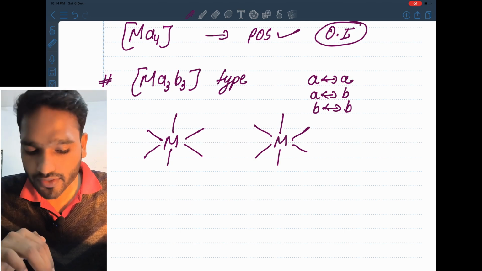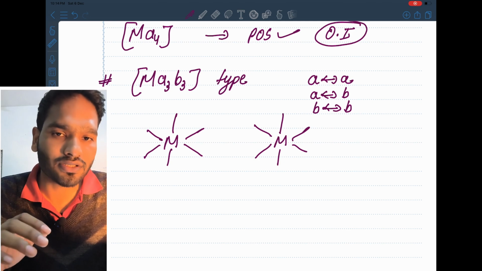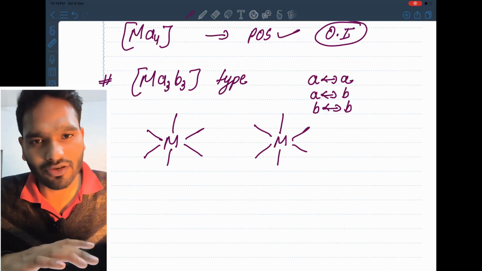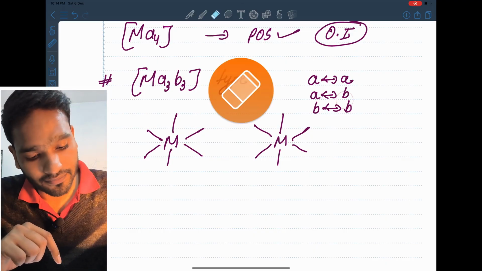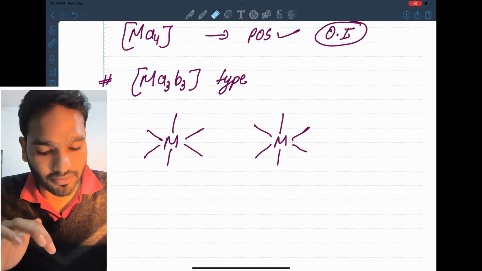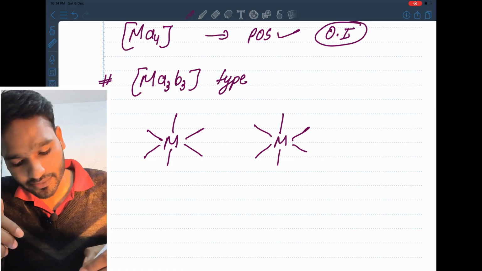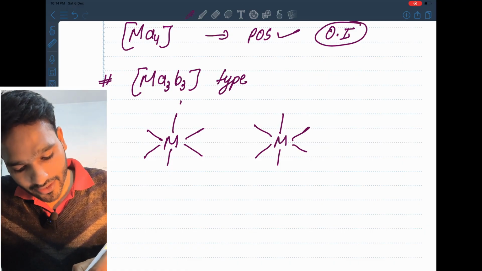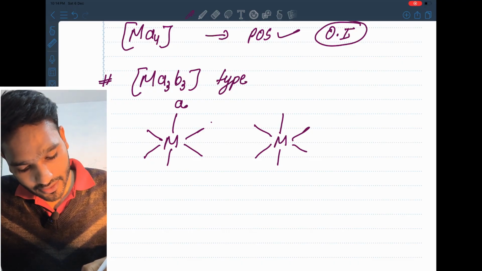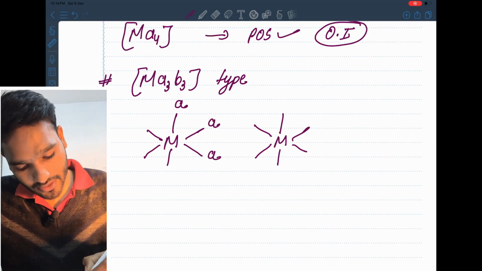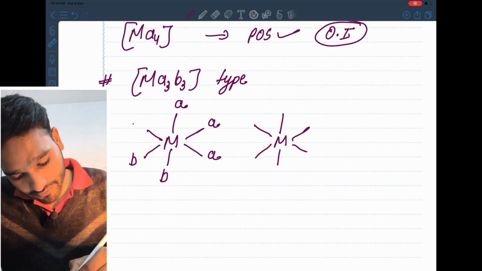If something is matching, then you cancel one of the possibilities. So on the basis of these 3 possibilities, we draw them: A, A, A, and B, B, B.